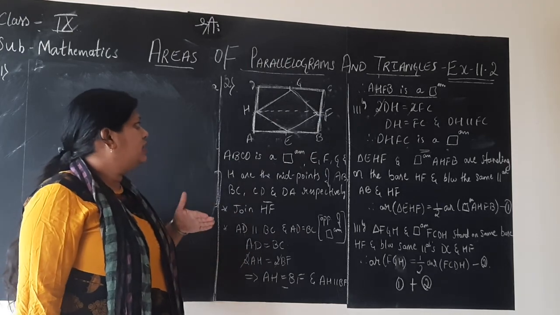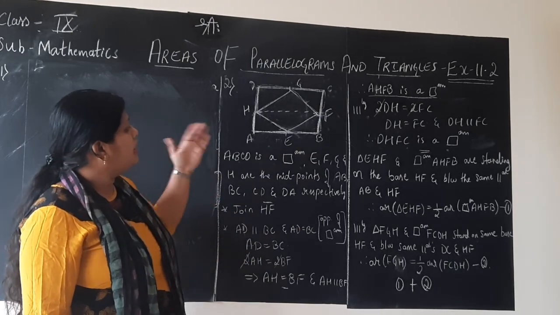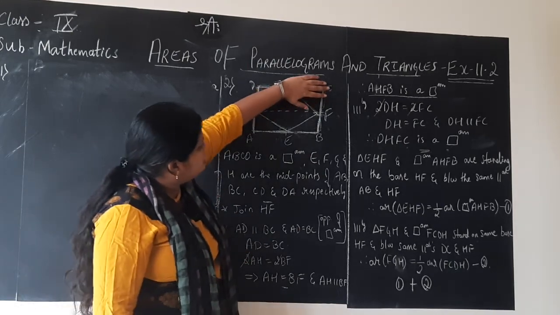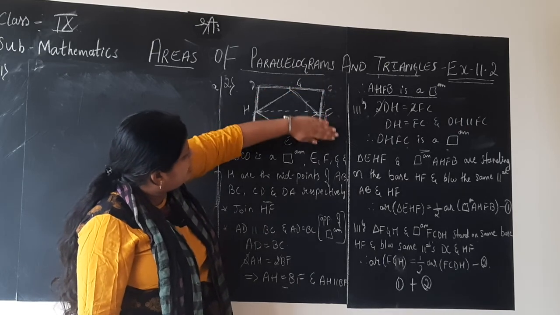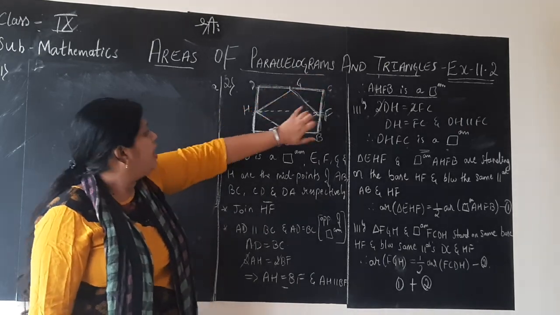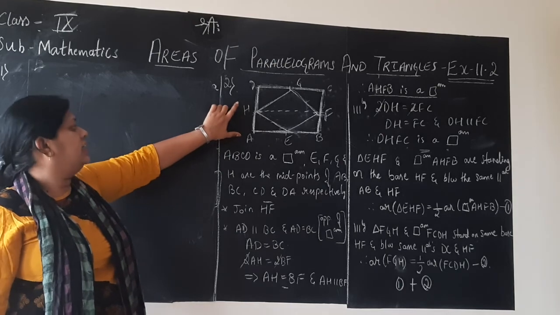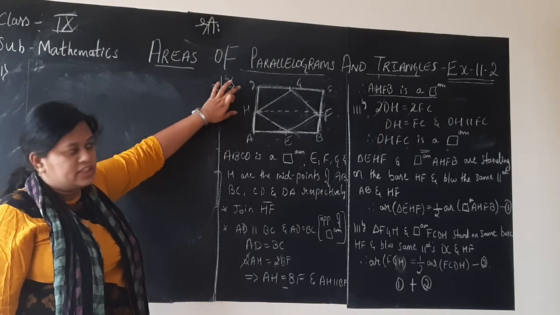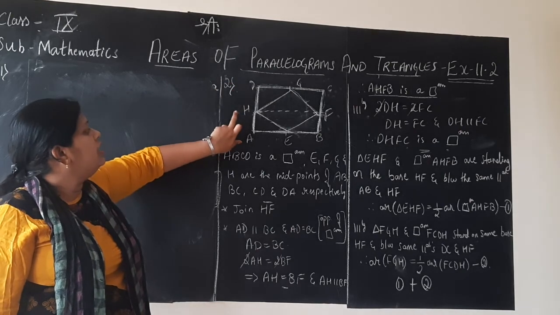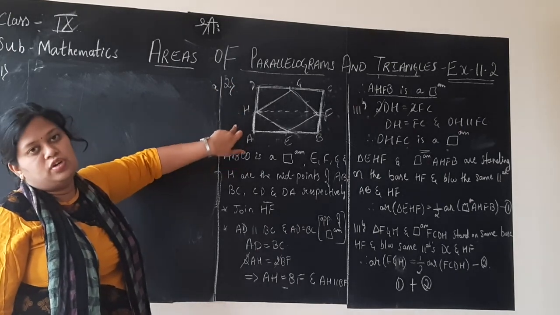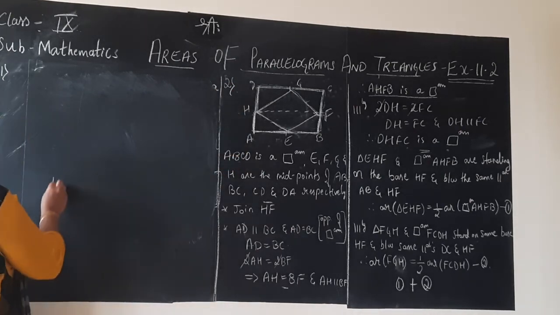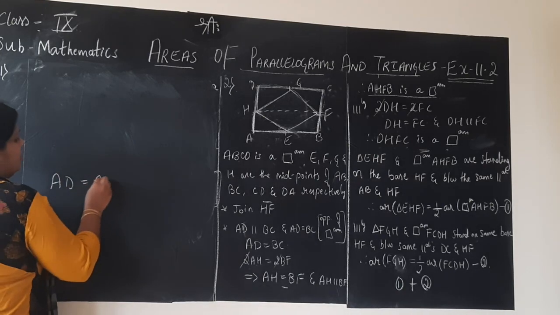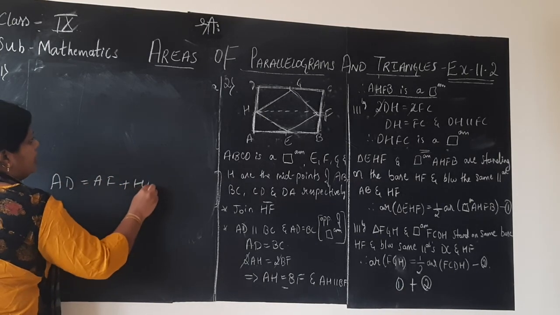So for the time being, I am considering only the lower part of the figure, so I will write in terms of AH. We know AD is AH plus HD.